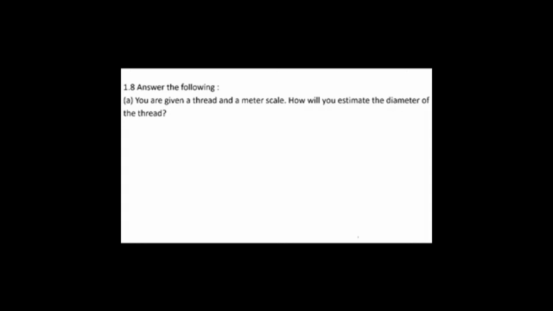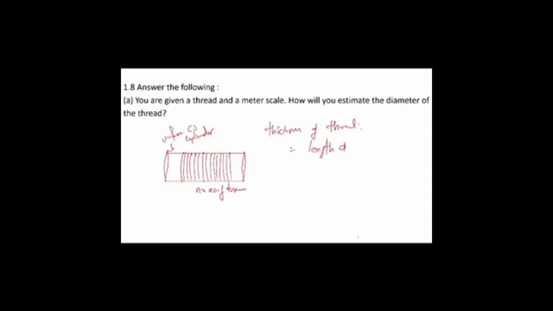It will give us an estimate of the thickness of the thread. So let us assume that we have a uniform cylindrical object and we are winding the thread, making n turns. The thickness would be found by the total length of the thread divided by the number of turns. This way we can estimate the diameter of the thread.